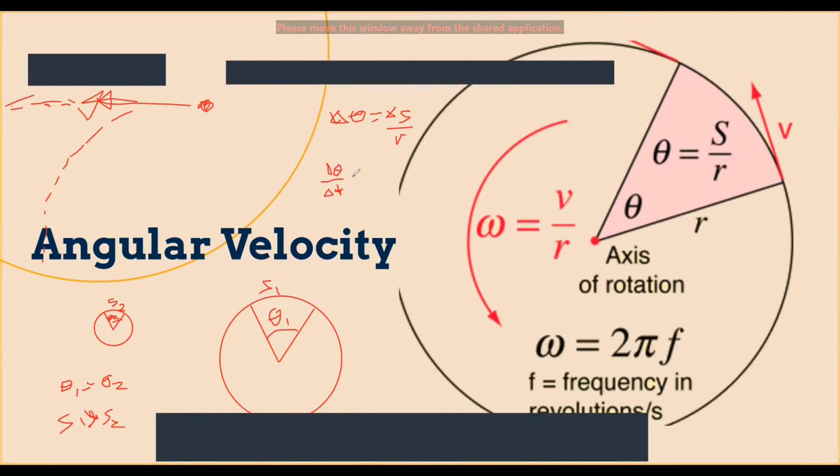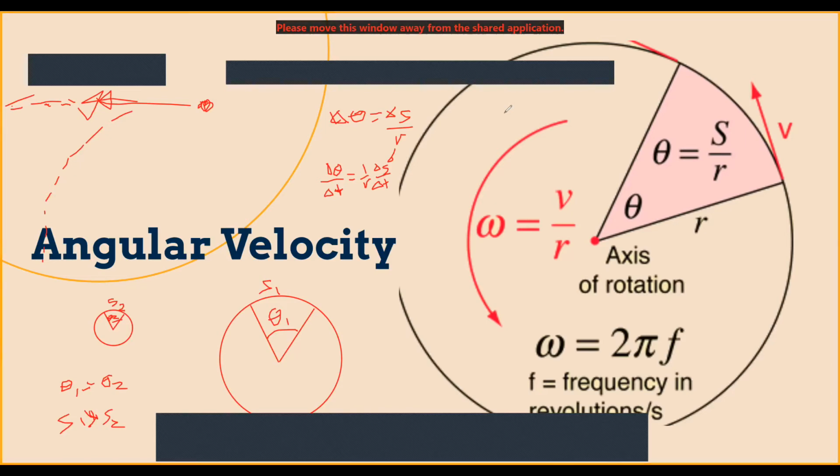And we could also say that that equals 1 over R times your change in arc length over your change in time. Because let's see how I can explain this. Your change in theta is delta S over R, right?